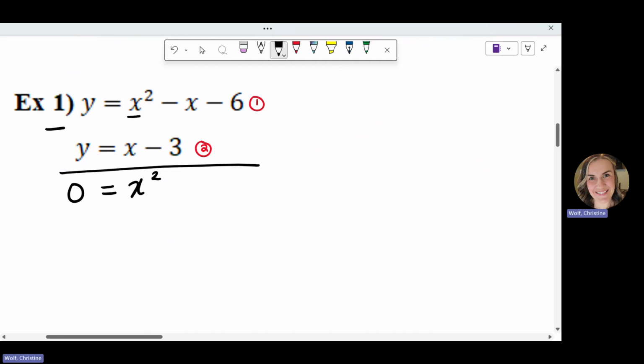Okay, then I go to my next term, which is a negative x. And this is where we have to be careful because I have a negative 1x. And then I want to minus off a 1x. So negative 1 minus 1 is negative 2. I have negative 2 x's now.